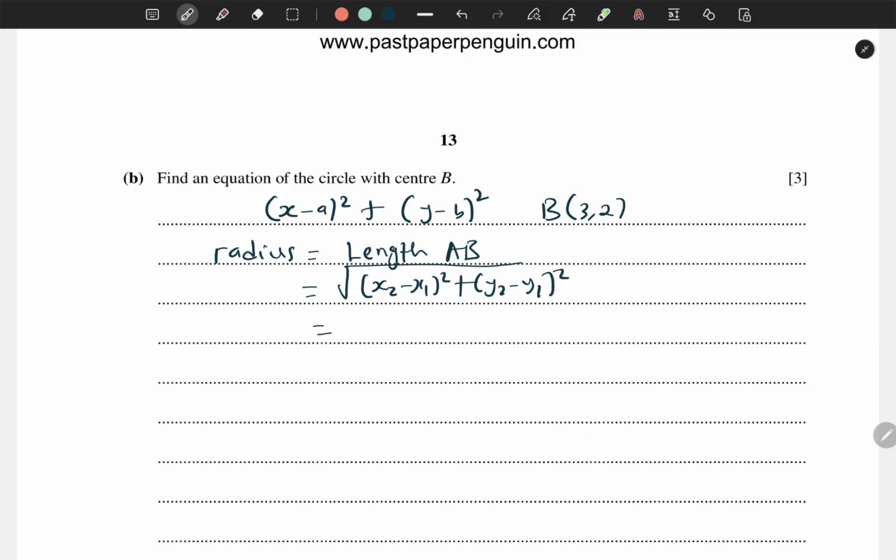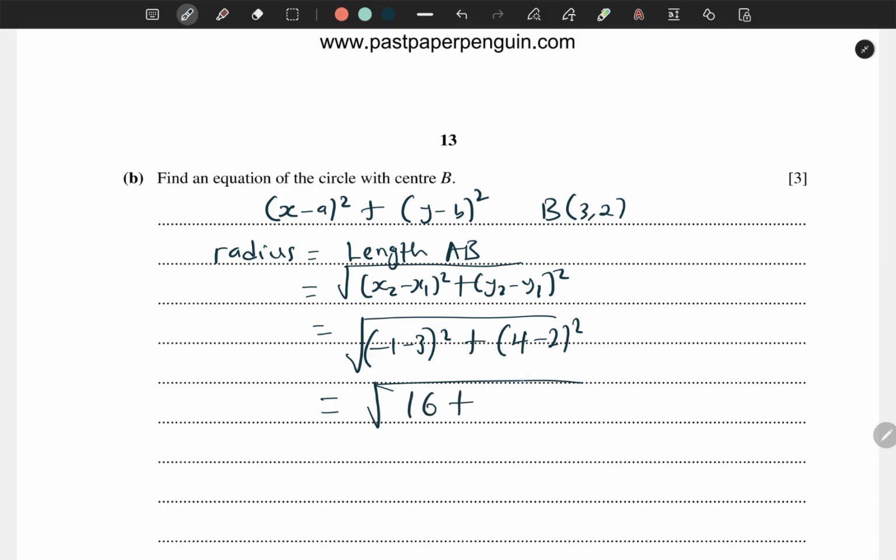So by substitution, we're going to have the square root of (minus 1 minus 3) squared plus (4 minus 2) squared. Minus 1 minus 3 is minus 4, squared gives us 16.